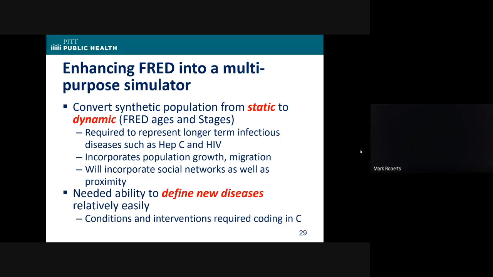And that also incorporates population growth, migration, and things like that, and will, when we get a little bit more time to work on it, social networks as well as just proximity. And we needed the ability to define new diseases relatively easily, and you didn't have to be a crackerjack C++ programmer to be able to encode new diseases.